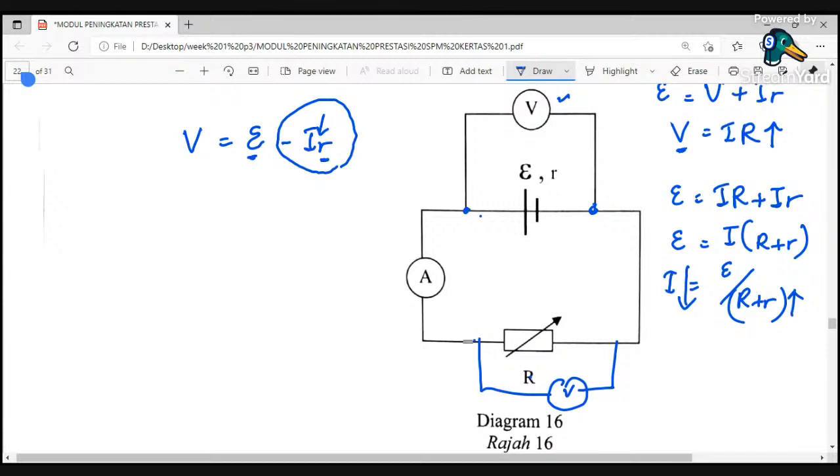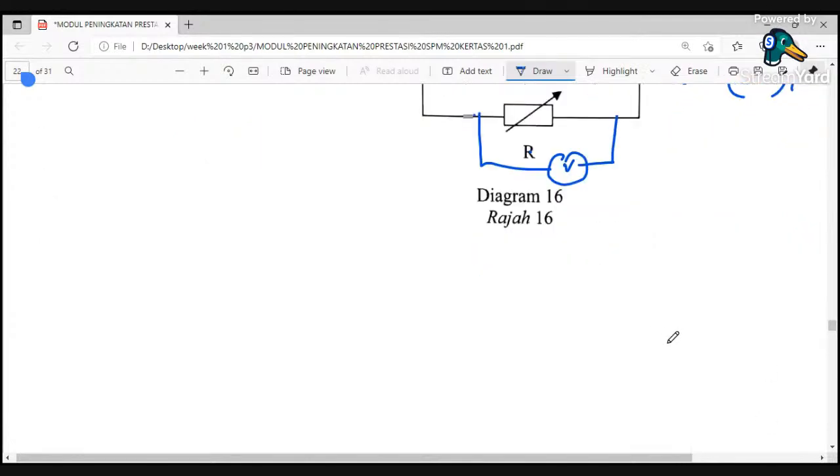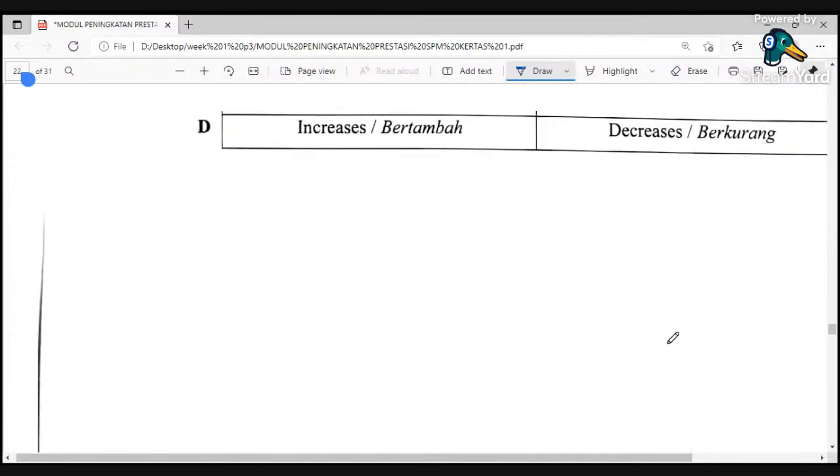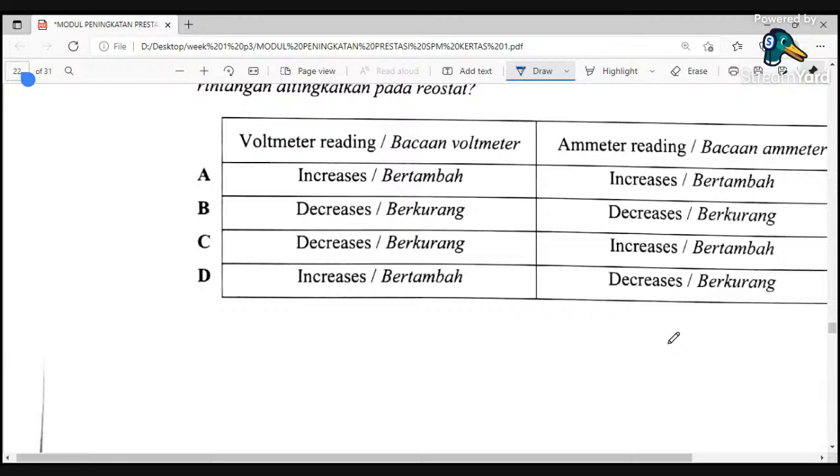So if this part decrease, EMF minus smaller value will cause voltage to increase. So the reading of the voltmeter increase from this one. Ataupun dari sini, reading of voltmeter increase. Okay, the reading of voltmeter increase, ammeter reading decrease. Okay.